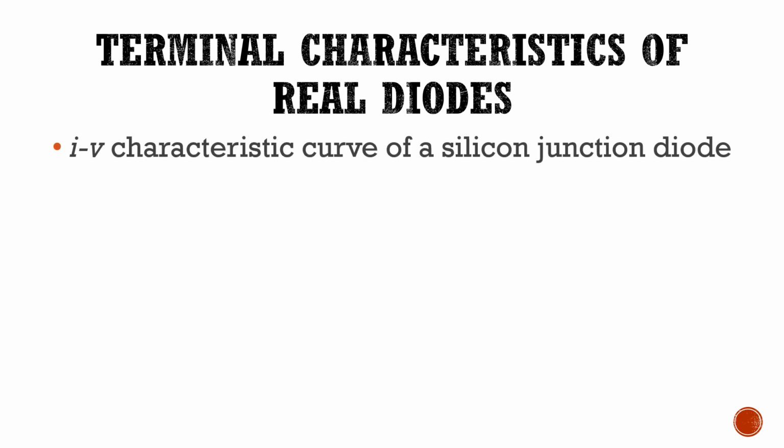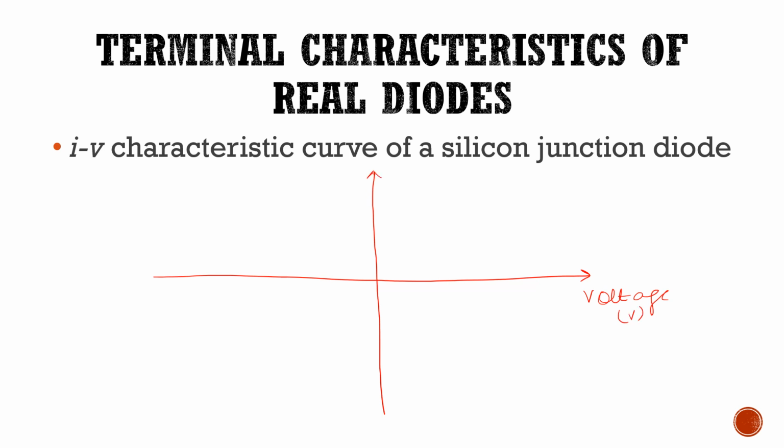Now we will look at terminal characteristics of real diodes. For this, we will understand current voltage characteristic curve of a silicon junction diode. This curve is entirely nonlinear and it looks something like this, where this horizontal axis is representing voltage and this vertical axis is representing current.